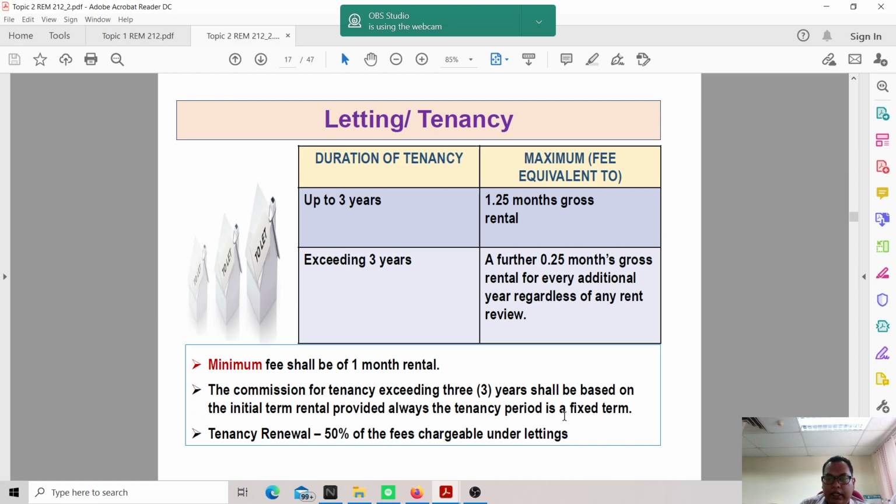Always the tenancy period is a fixed term, and tenancy renewal is 50% of the fees chargeable under lettings, whereby if the tenancy is already up to 3 years and they want to renew for another 3 years, then you have to get at least half. If you charged 1 month, then half of that. If the previous rental is 1,000 ringgit, then you must charge another 500 ringgit.